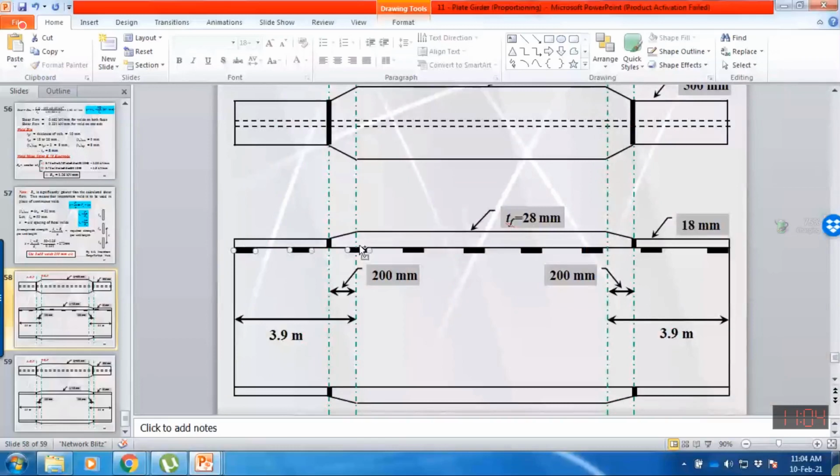So center to center distance between these intermittent welds is kept as 250.